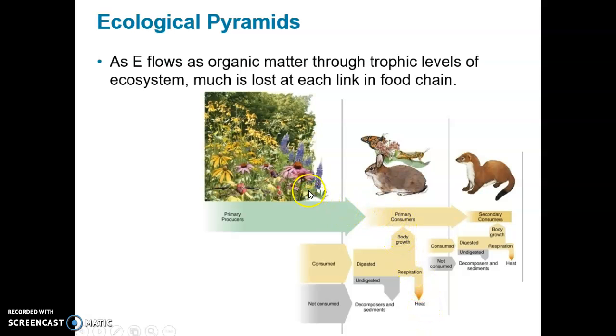So only a relatively small percentage goes into body growth, meaning a relatively small percentage of what they consume is converted into biomass. And then the same thing for the secondary consumers.